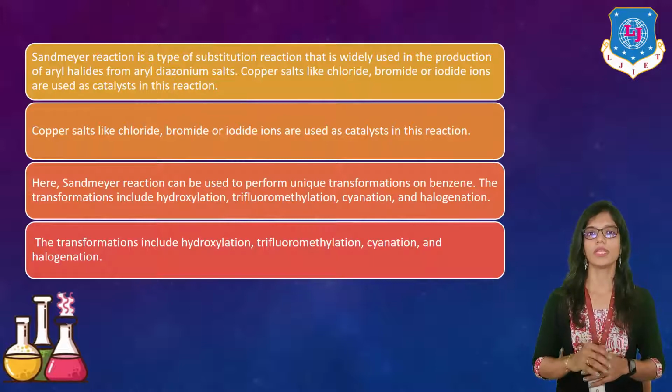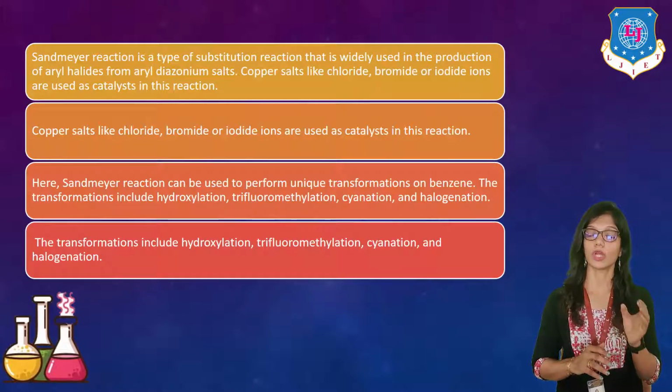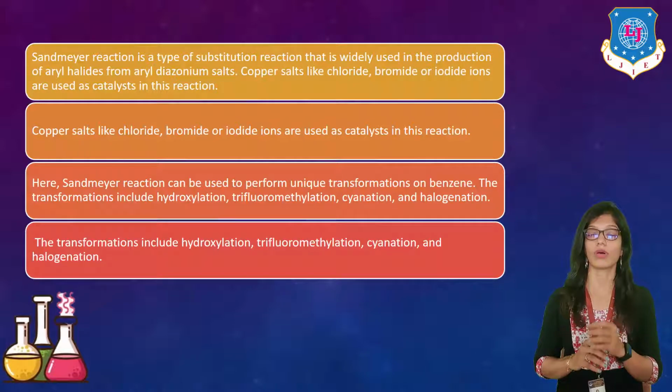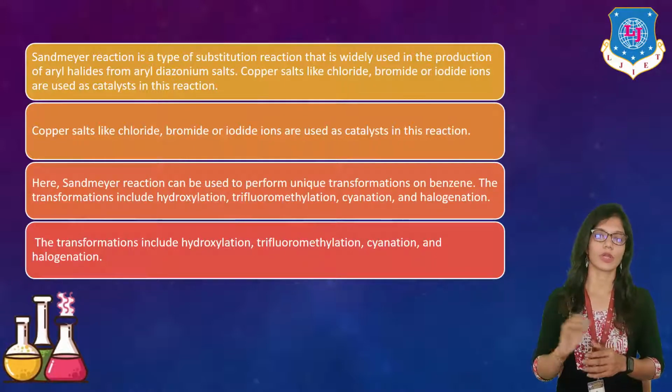From all of that, one of the most important reactions is the substitution reaction. So what is the meaning of a substitution reaction? Basically, in a substitution reaction, one atom or one functional group enters the substance and is there in our product, while another atom or functional group is removed.